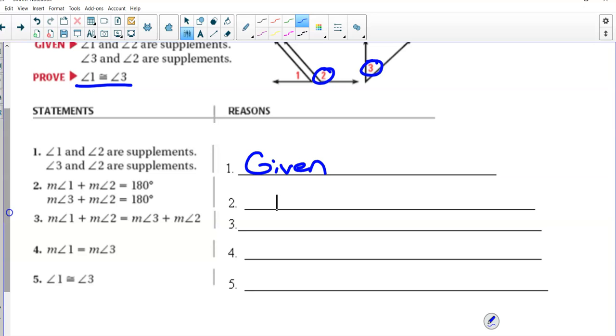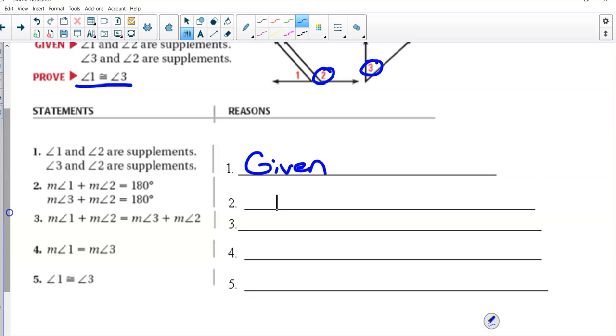And then if we state for number 2, the measure of angle 1 plus the measure of angle 2 equals 180. And the measure of angle 3 plus the measure of angle 2 equals 180. That would be the definition of supplementary angles. Remember, two angles that add together to equal 180 degrees are supplementary angles.